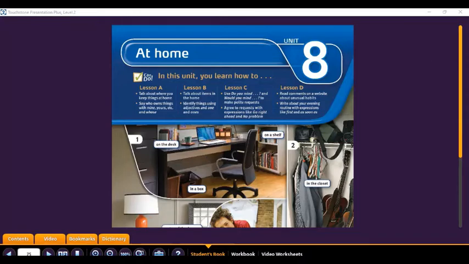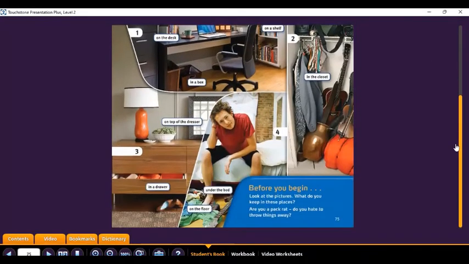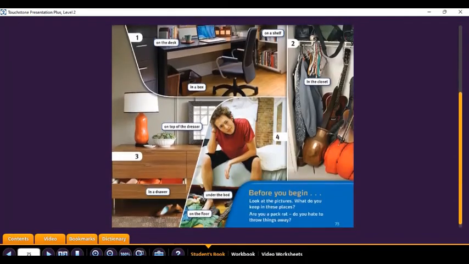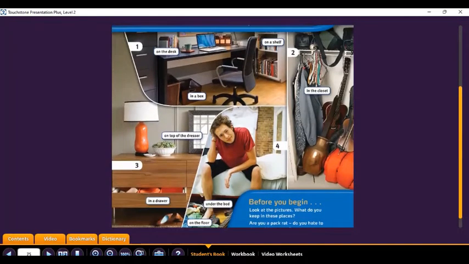So, okay, let's start with the first one, okay? Before we begin, girls, we're going to look at the picture, okay? And you're going to tell me, what do you keep in these places? So, Elizabeth, please, you're going to tell me the number one. What do you keep on the desk, on a shelf, in a box?